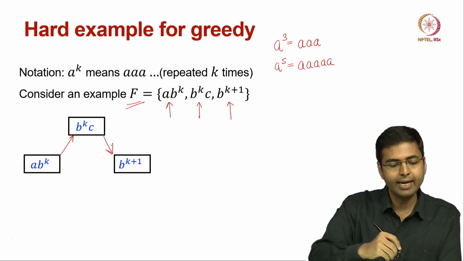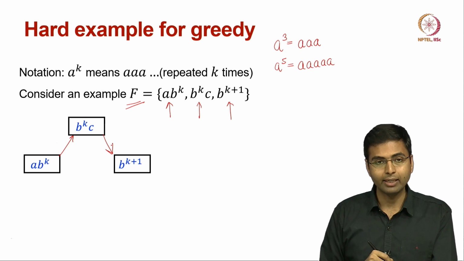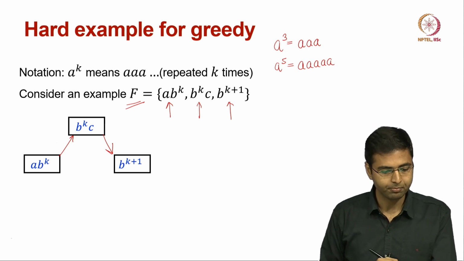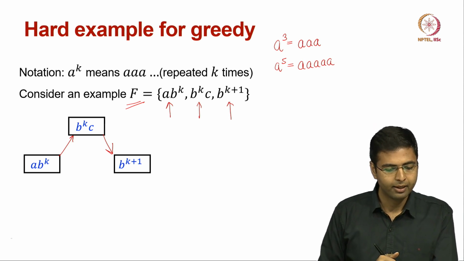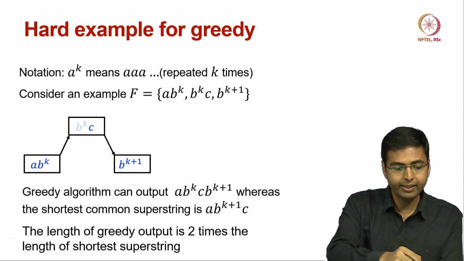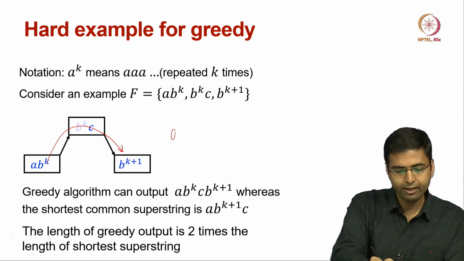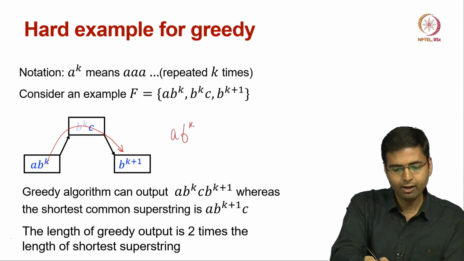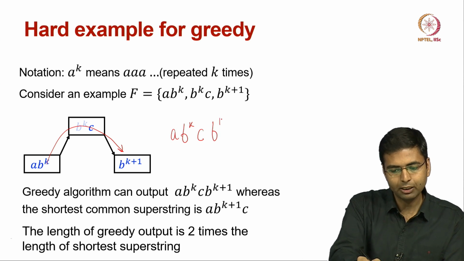So, you will naturally connect these 2 vertices to form a path. Now, observe that in this case the output of greedy algorithm will be the string spelled by this path, that is A B raised to power k, then C, and then B raised to power k plus 1.